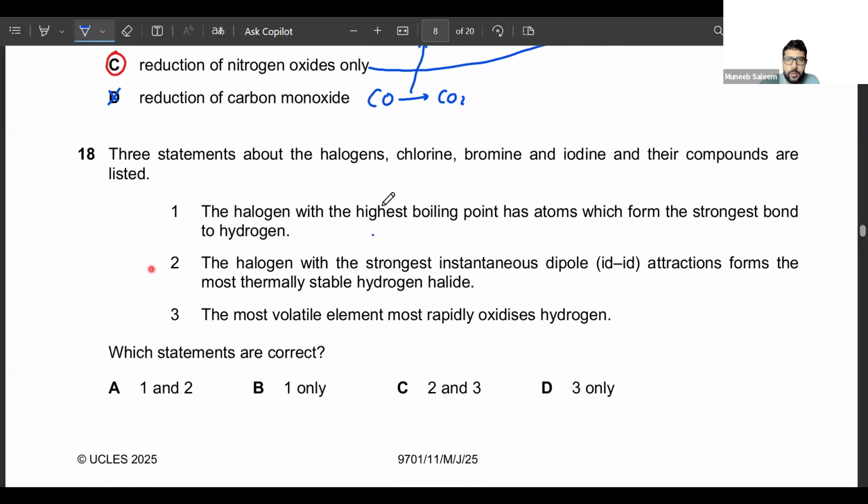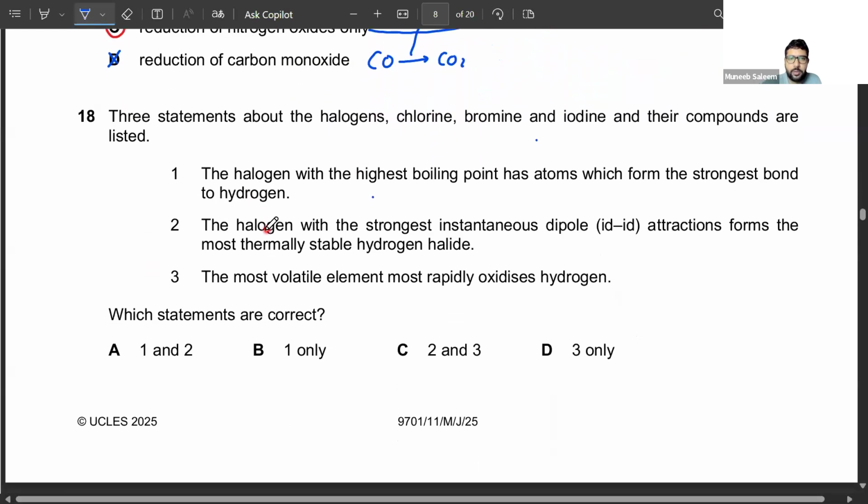Now question number 18, with three statements about halogens, chlorine, bromine, and iodine, and their compounds. We have to select the correct statement. The first statement says the halogen with the highest boiling point has atoms which form the strongest bond to hydrogen. If we remember the position of the halogen elements in the group, it is chlorine at the top, then bromine, and then iodine.